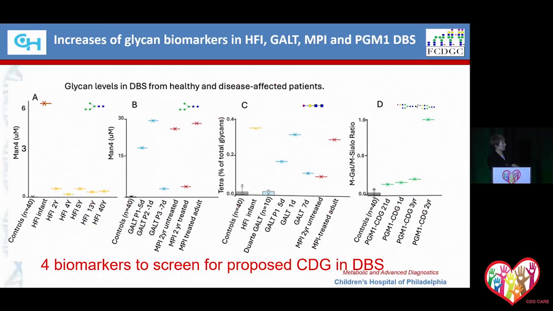As we show here, we have one infant picked up accidentally by whole exome sequencing, because this is a frequent condition, and the baby was not symptomatic for HFI. He was exclusively breastfed, and he actually has a very high level of MAN4.